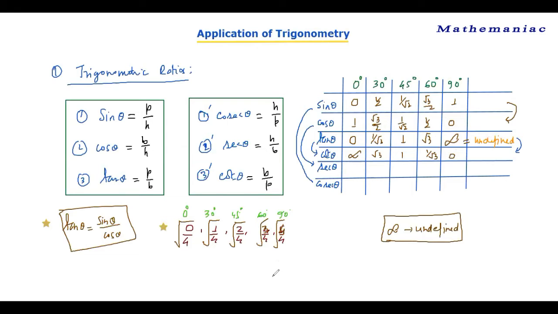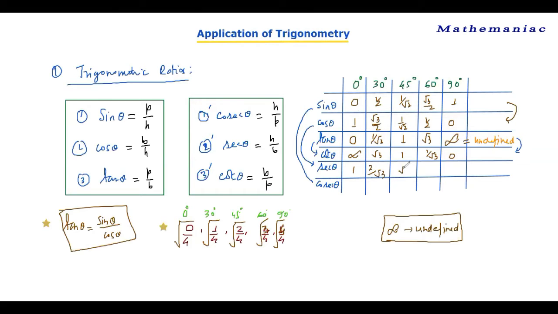And now the last one, sec theta. Sec is the reverse of whom? Reverse in the sense reciprocal of cos. So once you take the reciprocal of the corresponding value of cos, you will be getting the values of sec. So what is the reciprocal of 1? 1 by 1, that is 1. Reciprocal of root 3 by 2 will be 2 by root 3.